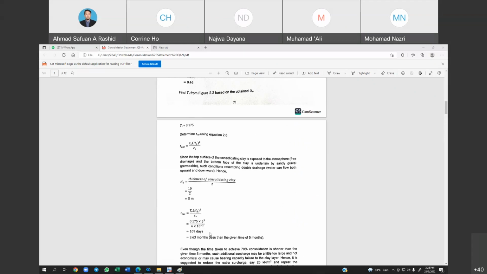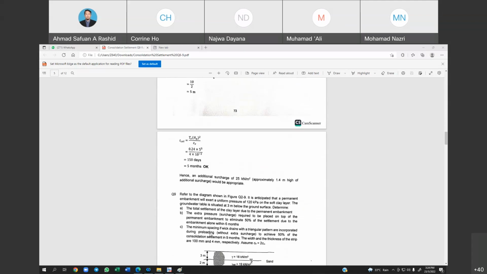So then they need to reduce the weight or the pressure from the additional load. When they reduce to 25, then they obtain 150 days. So here's an additional surcharge of 25, approximately 1.5 meter height of additional surcharge would be appropriate.